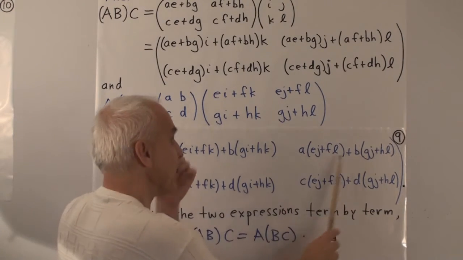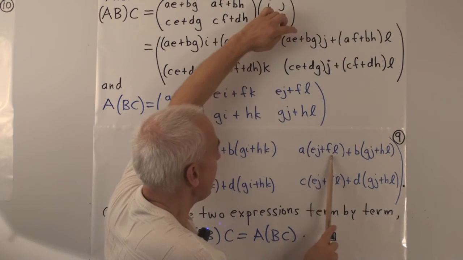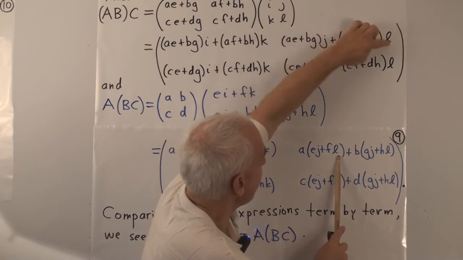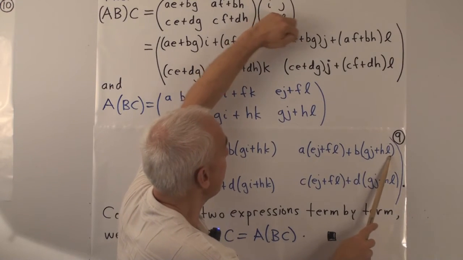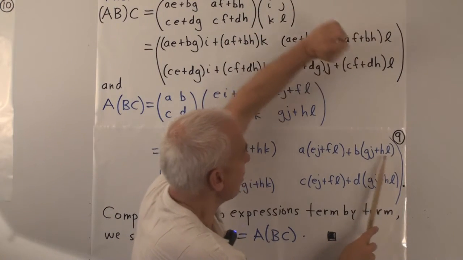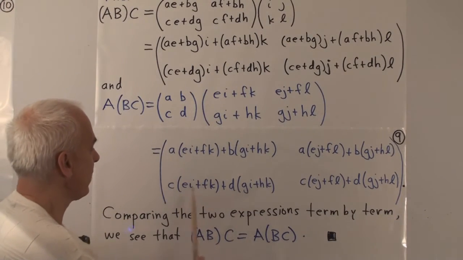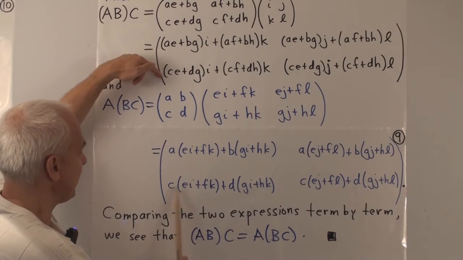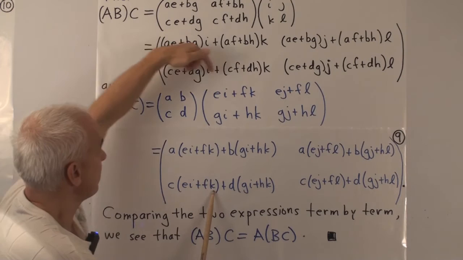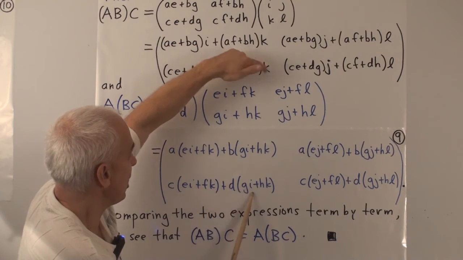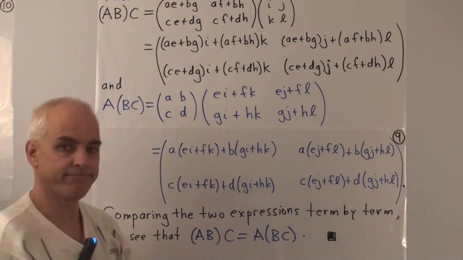Let's go over to these entries here. Here we have AEJ, here we have AEJ, AFL, AFL, BGJ, BGJ, and BHL, BHL. These two terms agree. This one here, compared with this one here: CEI, CEI, CFK, CFK, DGI, DGI, and DHK, DHK.